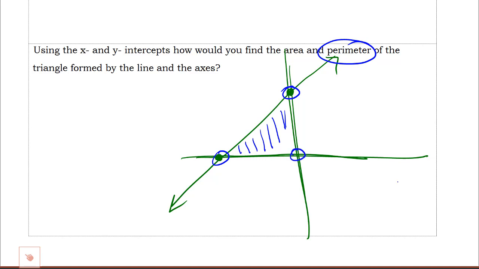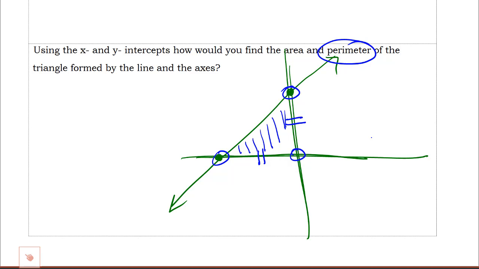Yes? Get the distances, right? And you add them together. Could we say this distance is the same as the y-intercept? Could we say this distance is the same as the x-intercept? Not it. Look at it. Look, it's negative, right? Distance is positive.